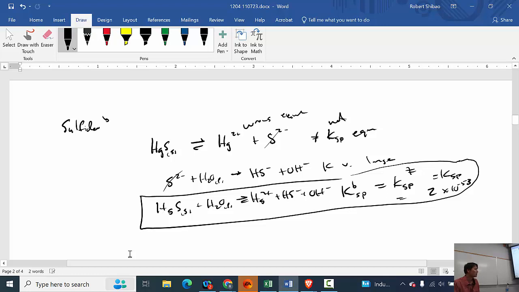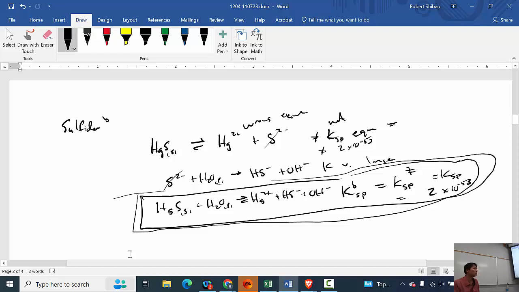This is the 2 times 10 to the minus 53. This is not equal to 2 times 10 to the minus 53 here. This is the wrong equation because this equation just doesn't happen. So there's no number for this equation because sulfide's too strong of a base. Does that make sense? So for all of them, we have to do this. For all of them, we have to add water. Because the water will be attacked.